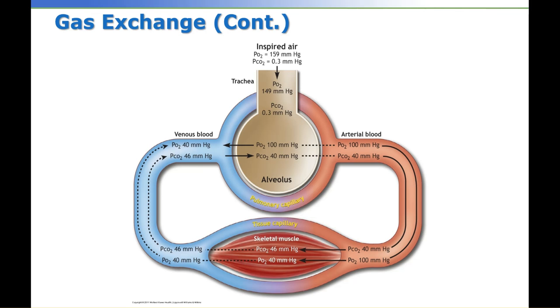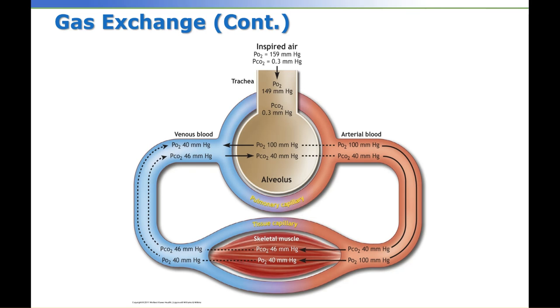Okay, and it's going through that pulmonary capillary, and then you're going out toward the tissues. You are still having a high amount of oxygen toward the tissues. Skeletal muscle uses the oxygen, okay, and then after that, you see what happens.